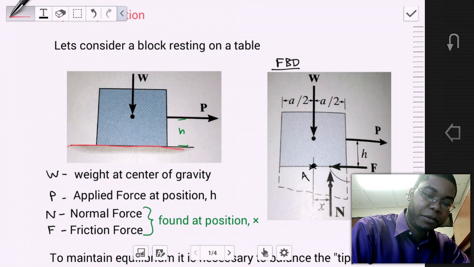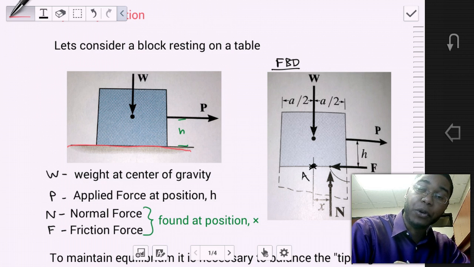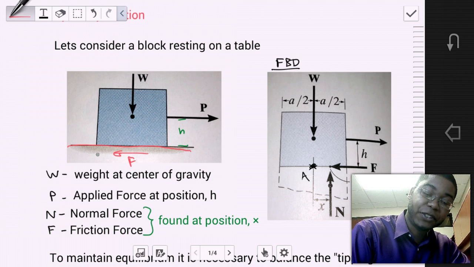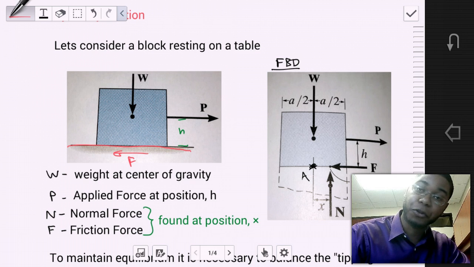And we know that in order for the block to remain at rest when there is an applied force P, there needs to be some kind of frictional force, F, that resists the applied force P in order to maintain equilibrium.